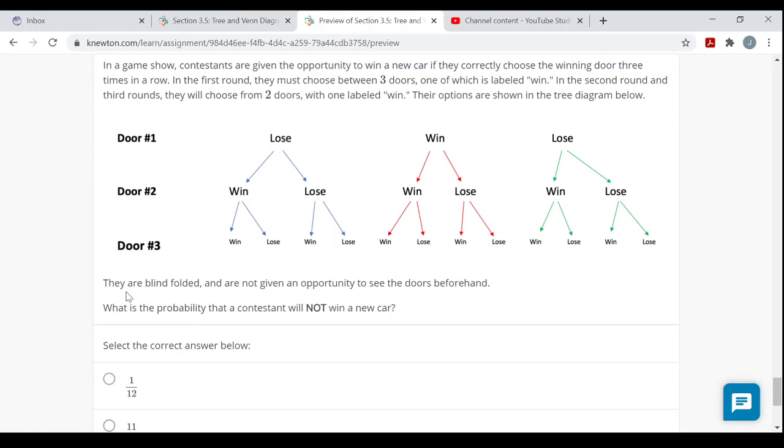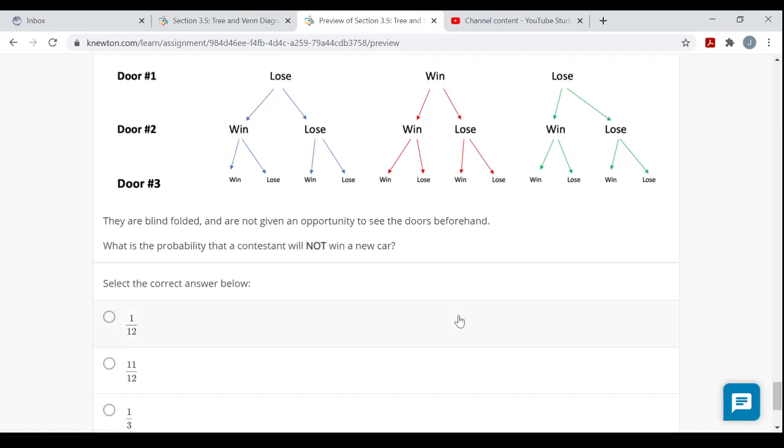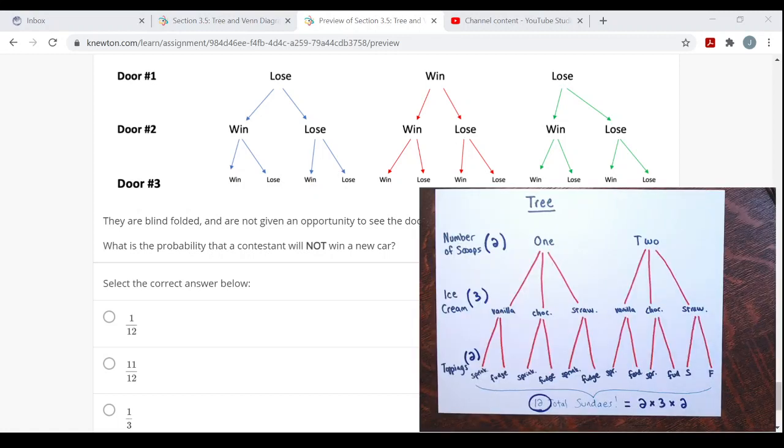So the question is, they are blindfolded and are not given an opportunity to see the doors beforehand. What is the probability that a contestant will not win a new car? All right, so I'll keep the tree up there and pull up some paper. Again, hopefully this is big enough for you to see. All right, so you can see the tree.